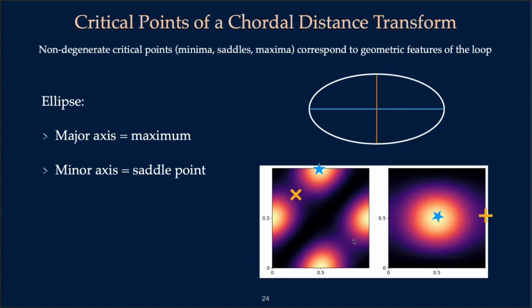And actually, if you look at this diagram, you can prove this in a 2-line calculation: if you look at the chordal distance transform of an ellipse, the maximum of the chordal distance transform over here corresponds to the major axis, and the saddle point, there is always a saddle point, corresponds to the minor axis, and those are the 2 critical points. So, okay, great. You could shove an ellipse into this thing and read off the axes.